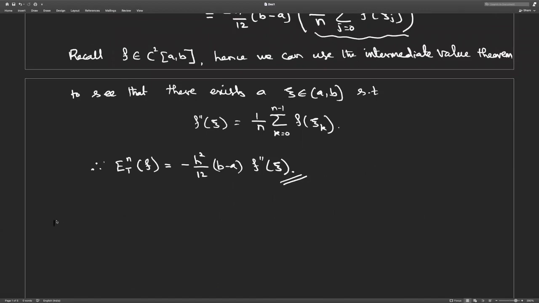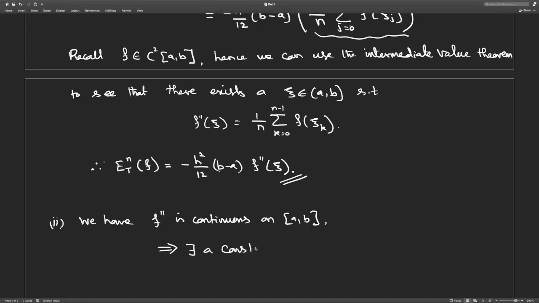To prove the second part, that is convergence, again, we have to use the assumption that f double dash is continuous on the interval [a, b]. Therefore, we can find a constant M such that mod f double dash of xi is less than or equal to M for all xi in the closed interval [a, b].